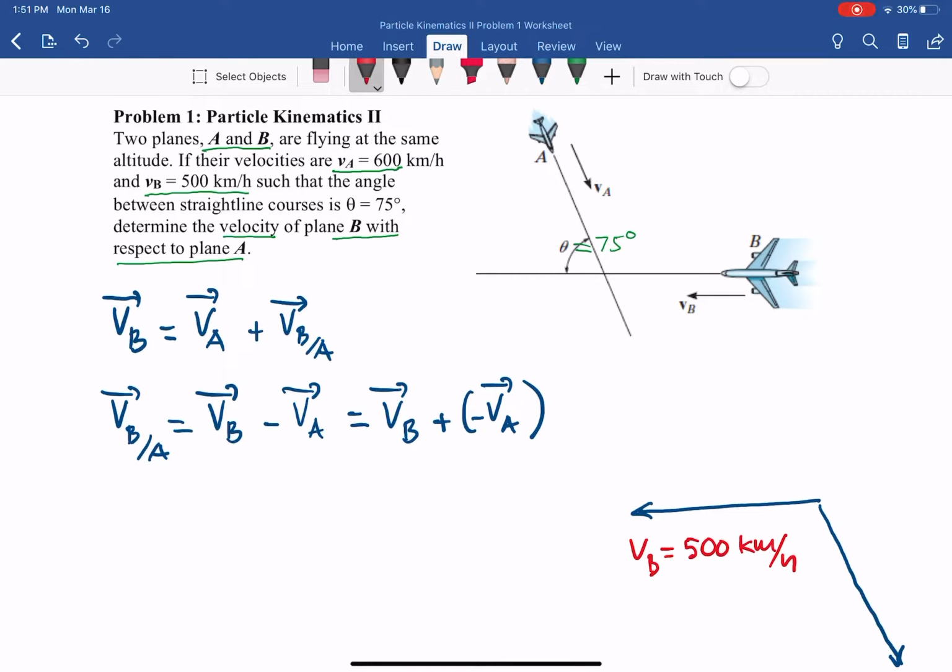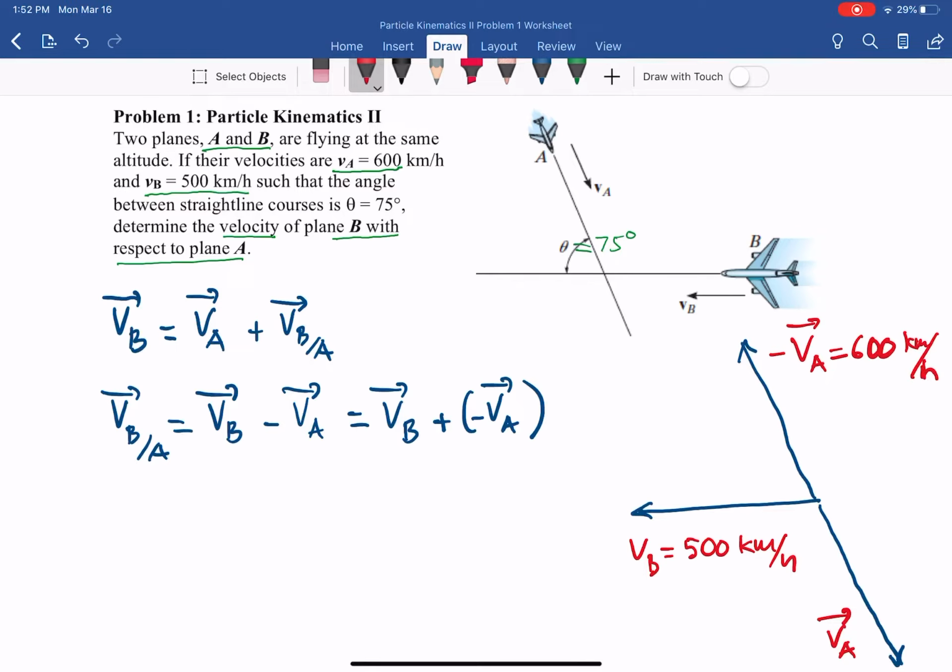Negative VA has to go up, the opposite direction, collinear with VA but opposite. So I can write that one here, in a different color, negative VA, and the magnitude is still the same. As you can see, it's still 600 kilometers per hour.